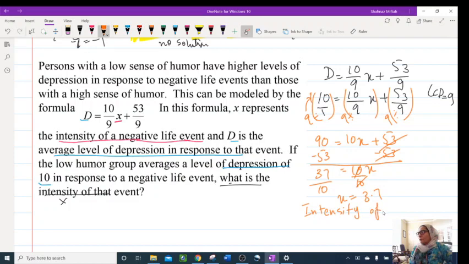Instead of that event, I know it's a negative event, so I just wrote down: intensity of negative event is 3.7, and you're good to go. So that was that.